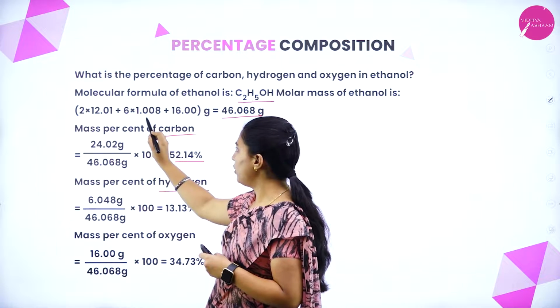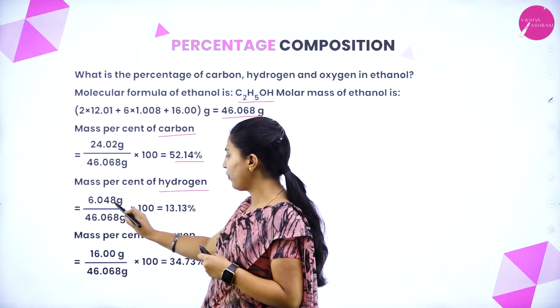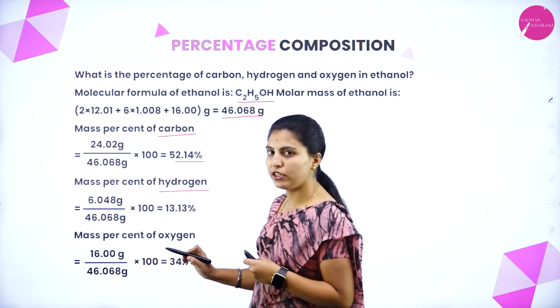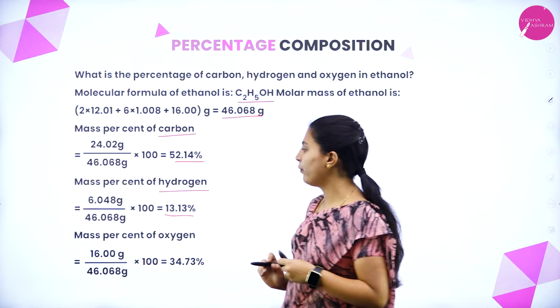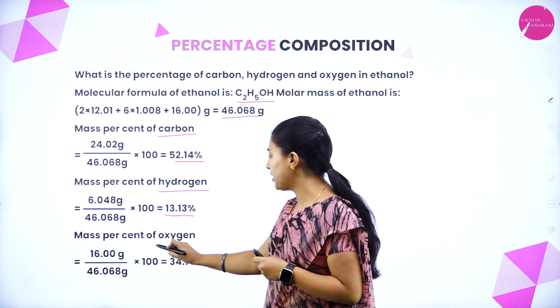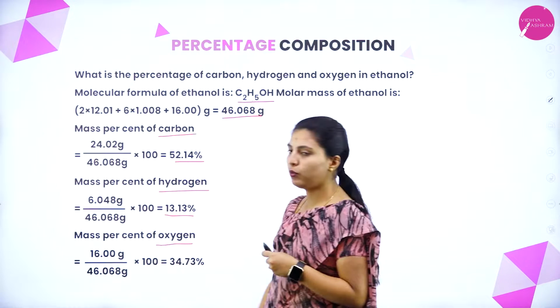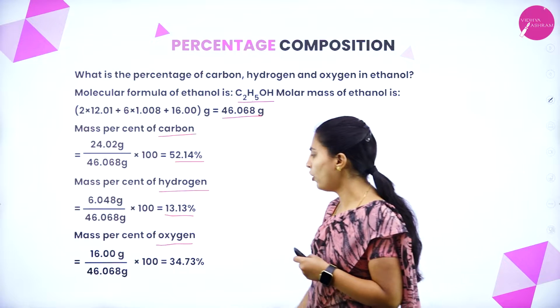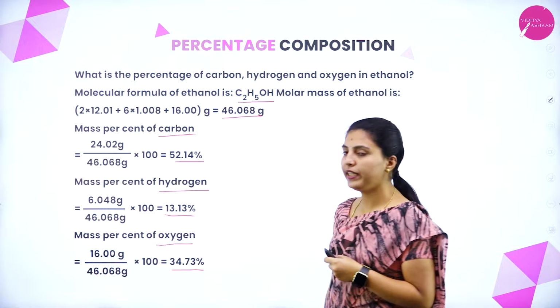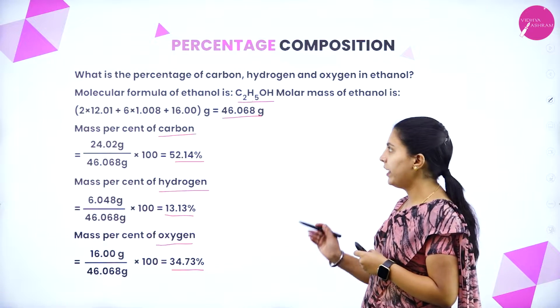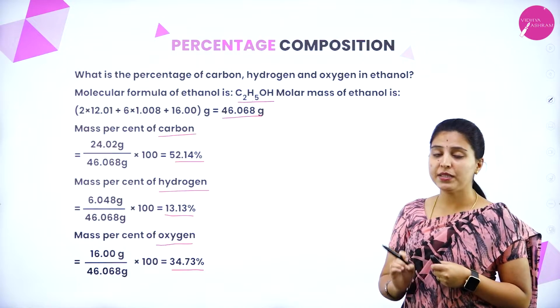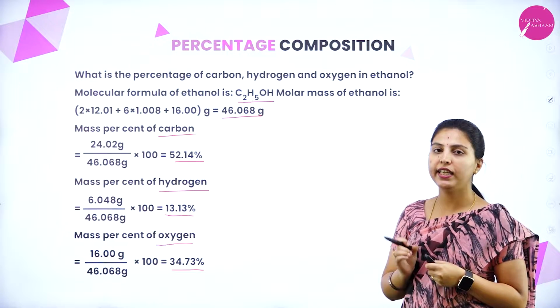See here, 6 into 1, 6.048 gram, divided by the overall molar mass, into 100, 13.13%. Later, mass percentage of oxygen. How much? 16 divided by the overall molar mass of the compound, into 100, 34.73%. Like this, you have to find the mass percentage of each element given in the compound.